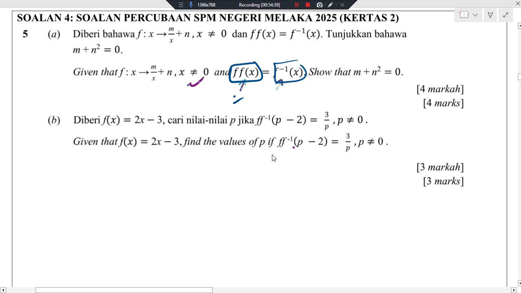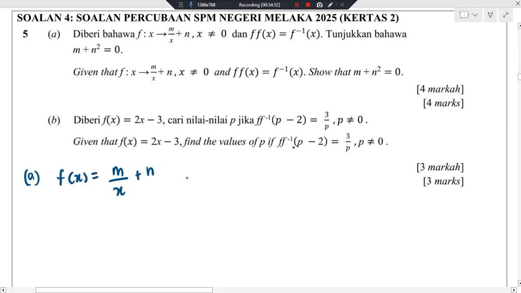Okay, plus n. Why not I make it like a single fraction so that easy for me to ganti. N over 1. N tu apa maksudnya? N over 1. So, yang ni kamu akan darab X, kamu akan darab X. Betul? You boleh letak dot. Dot tu maksudnya darab. Okay? So, dia akan jadi M plus NX over X.